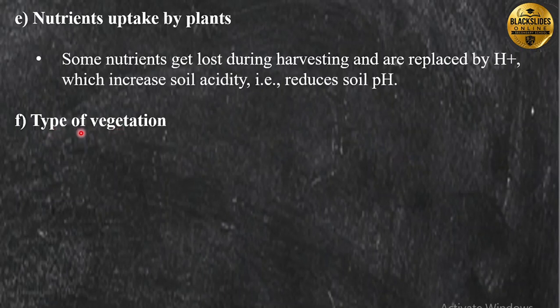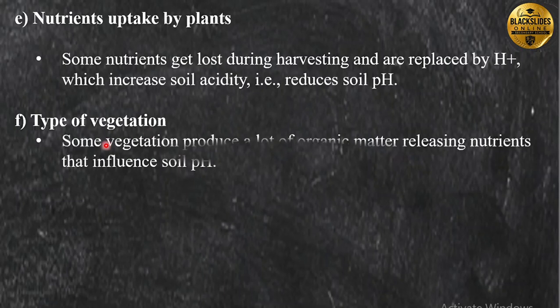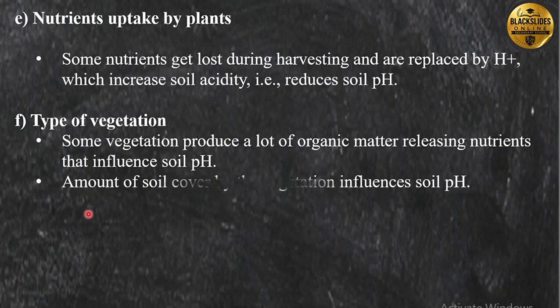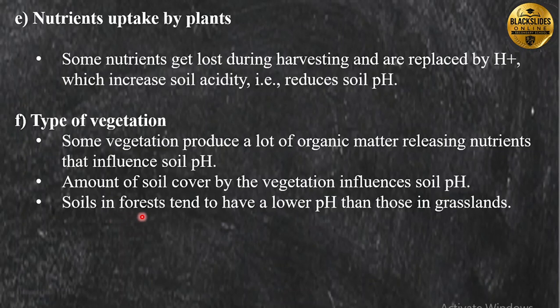Another factor affecting soil pH is type of vegetation in the soil. Some vegetation produces a lot of organic matter, releasing nutrients that influence soil pH. So the amount of soil covered by the vegetation influences soil pH. Soils in forests, for example, tend to have a lower pH than those in grassland.